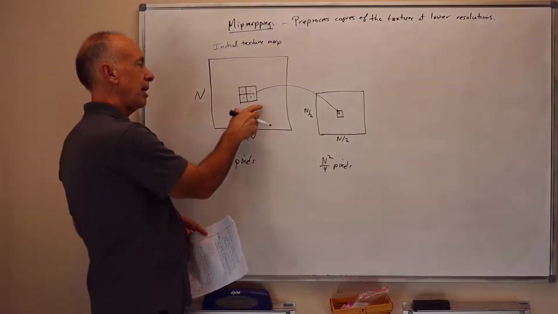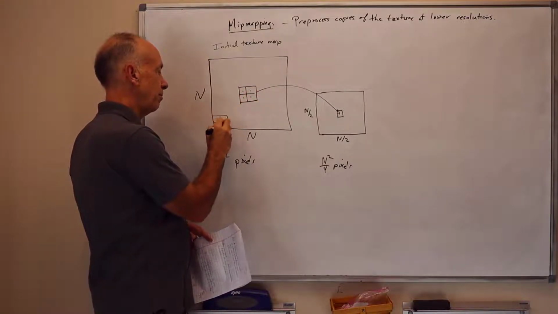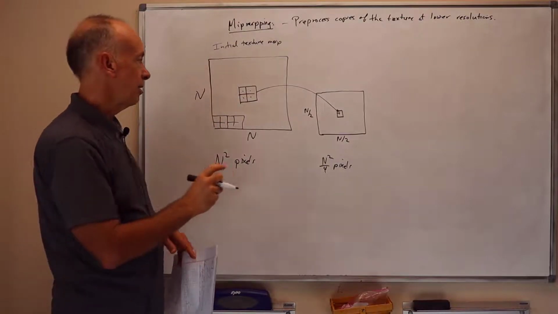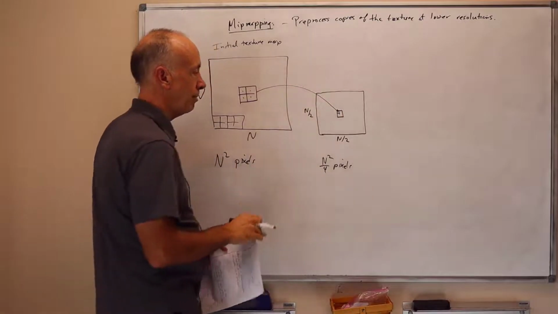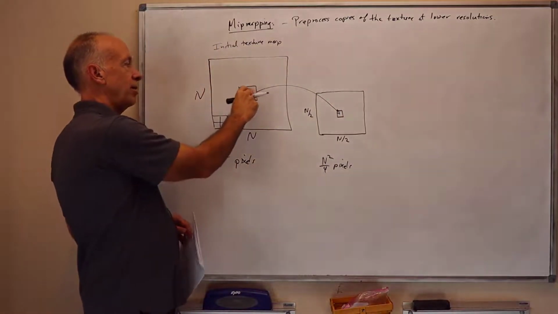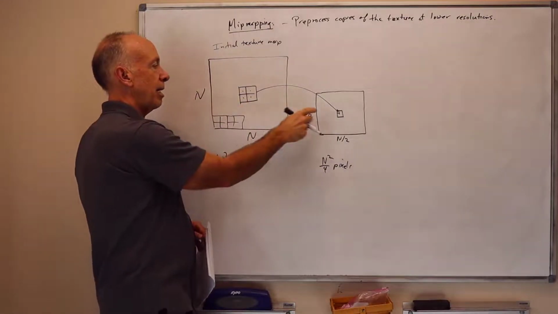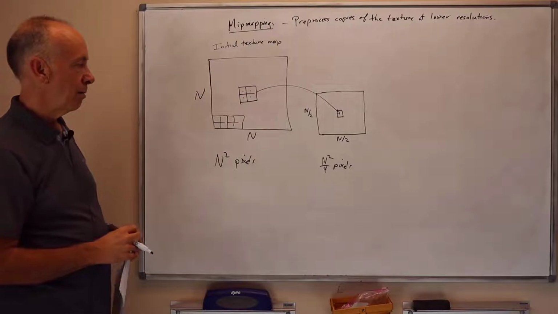So this is the base level of the mipmapping, and we split it up into 2 by 2 subpixel regions, and each of these 2 by 2 subpixel regions maps to a single pixel by just taking the average of the 4 colors in the 2 by 2 subpixel in the original texture map and assigning that as the pixel color in the next level of the mipmap.